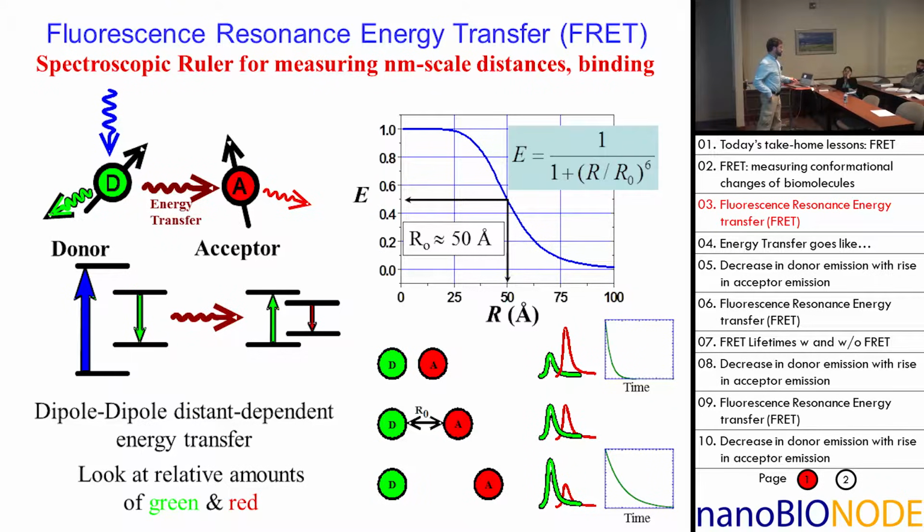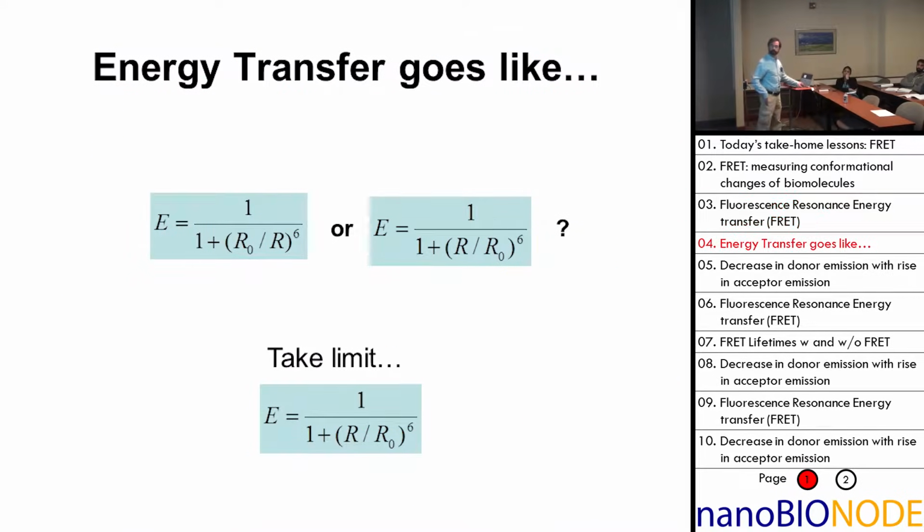Let me give you some examples. What is the energy transfer? I always have to remind myself, it goes as 1 over 1 plus R naught over R to the 6, or R over R naught to the 6. I can never remember. I've been doing this for, God, I don't know, 20, 30 years.